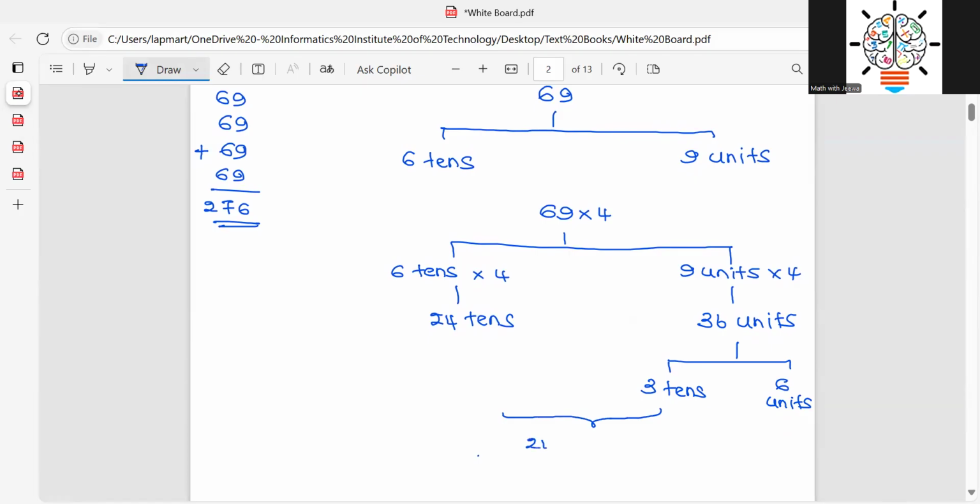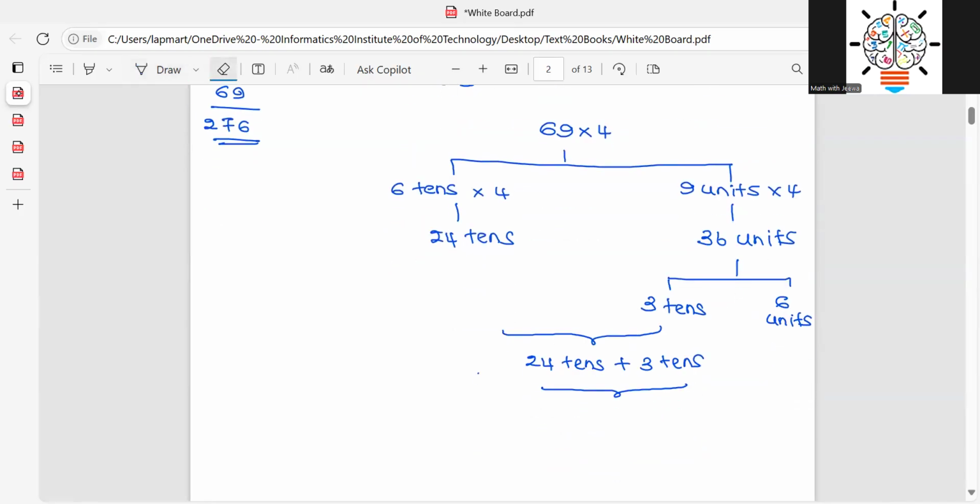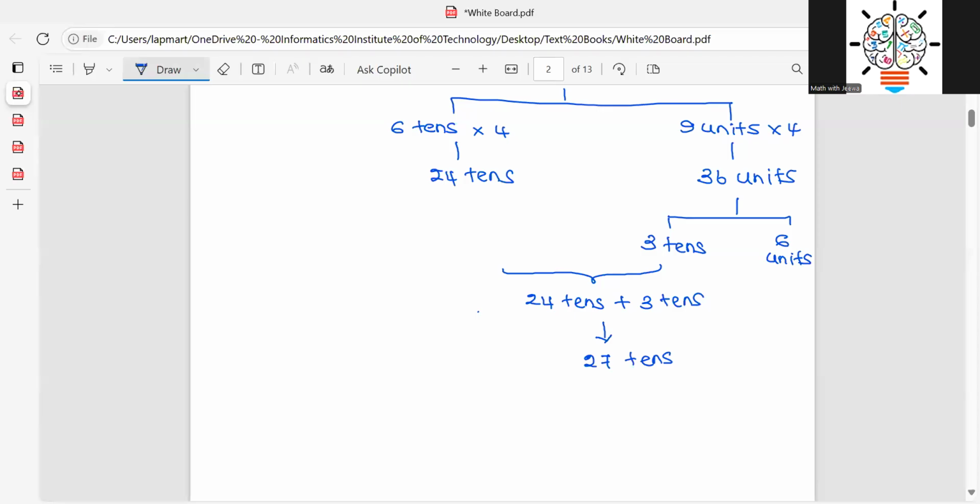Here I write 24 tens plus 3 tens. So it gives me the answer: 27 tens. Right? 27 tens means, children, 27 times 10. It is 270 now.